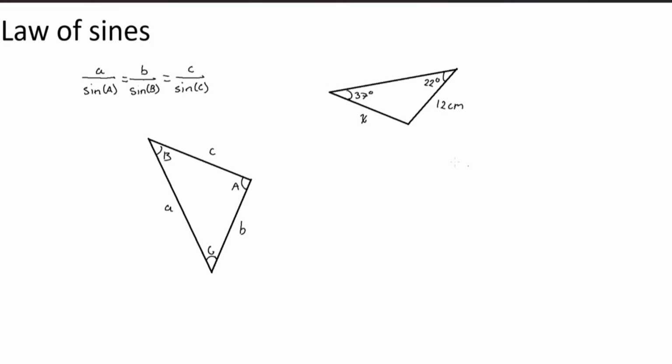So now let's use the law of sines to solve for x. Let's set up the ratio first. We start with 12: the side that's 12 centimeters long, divided by the sine of its opposite angle.